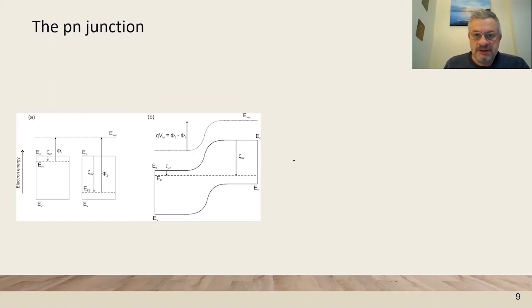For the PN junction, we start with two pieces of the same semiconductor material. This is N-type and this is P-type. So we join them and they have to come to equilibrium so that they get a single Fermi level.